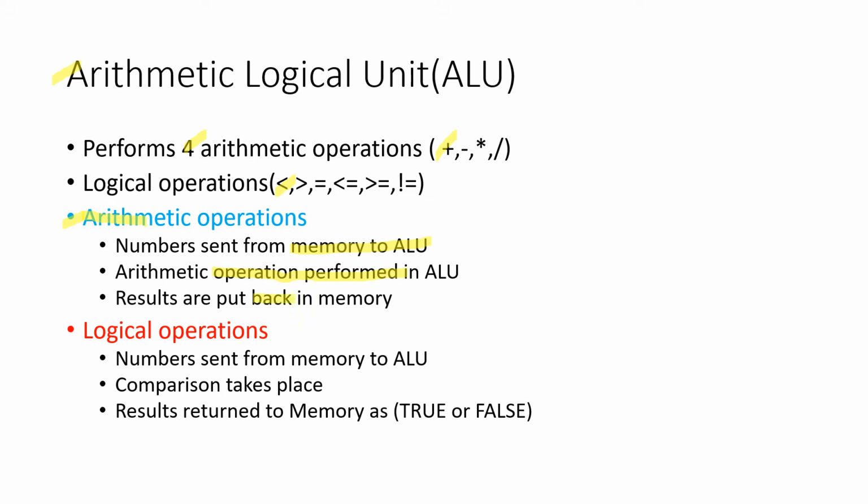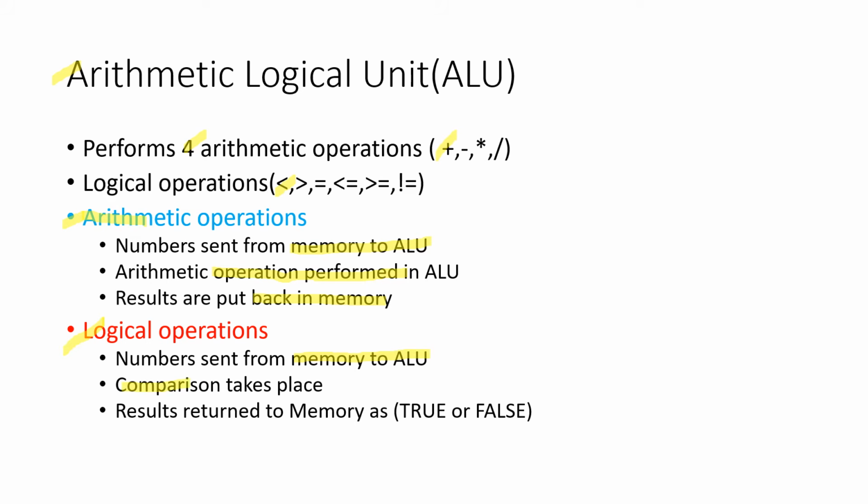Similarly, when a logical operation has to be performed, like a comparison operation, let us take the same two numbers, 2 and 3, that have to be compared. The numbers are sent from the memory to the arithmetic logical unit, along with the instruction that a comparison has to take place.